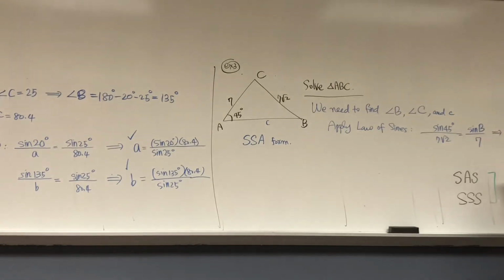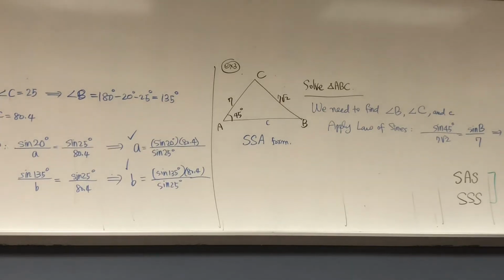So sine B is equal to 7 sine 45 over 7 square root 2. What is sine 45? 1 over square root 2.